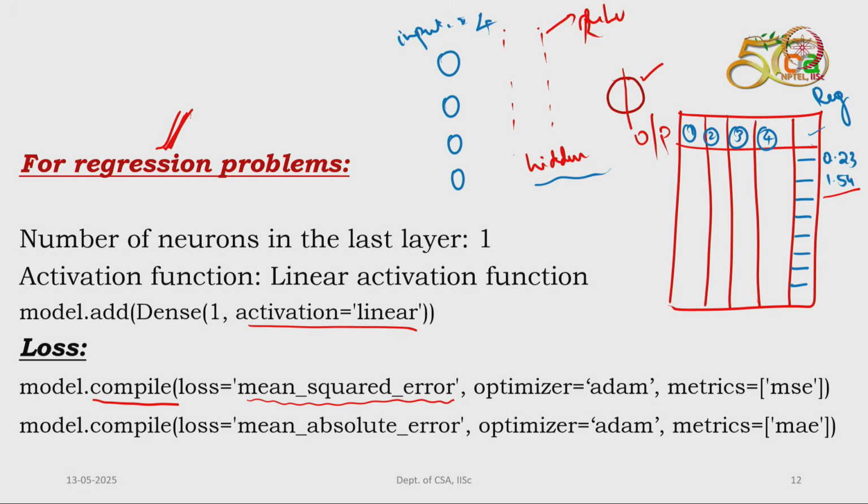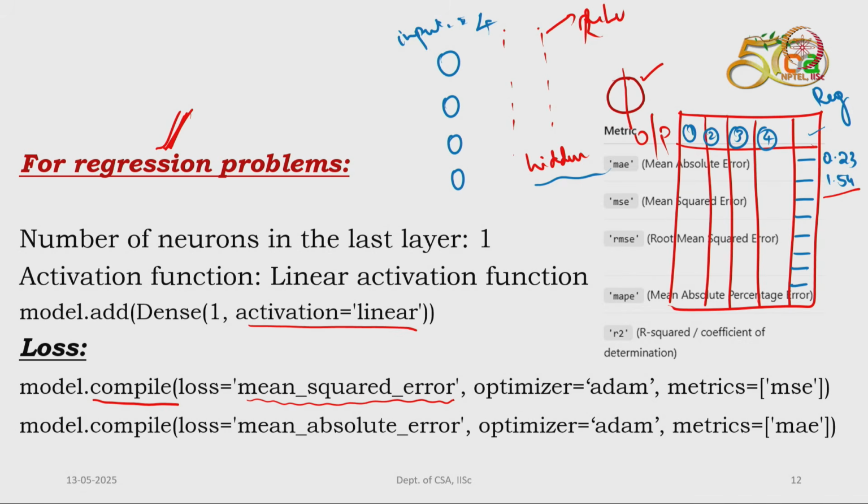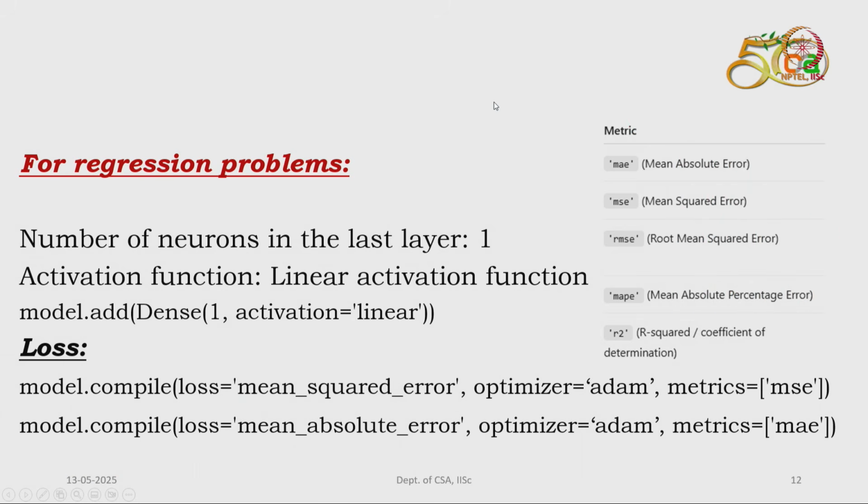We can have mean absolute error, root mean squared error, mean absolute percentage error, or we can have R2, that is R squared or coefficient of determination. We have these many different loss functions that you can use.